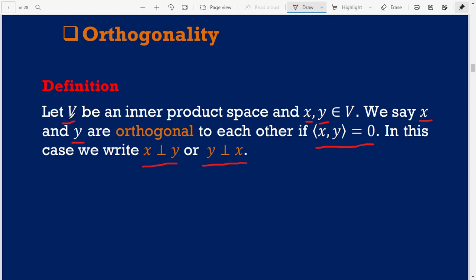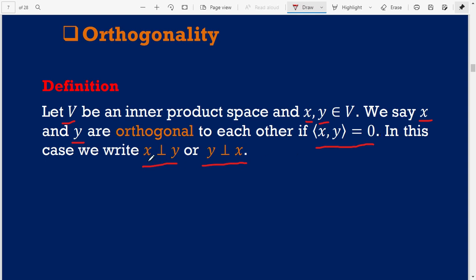Here V is an inner product space and two elements x and y belong to V. Then we say that x and y are orthogonal to each other if inner product x with y is equal to 0.